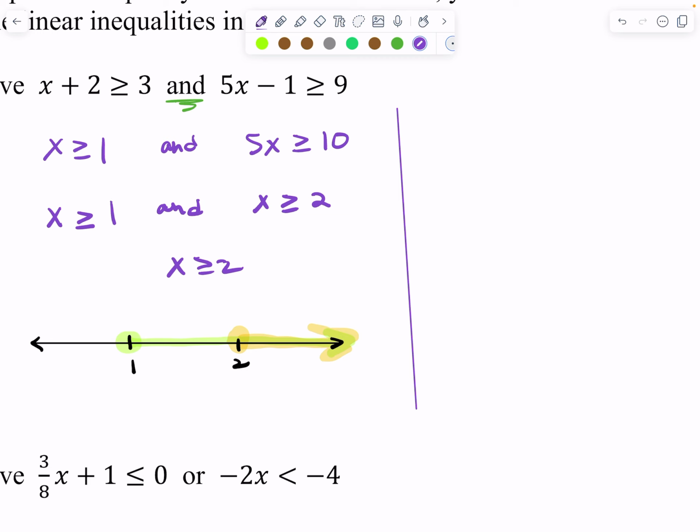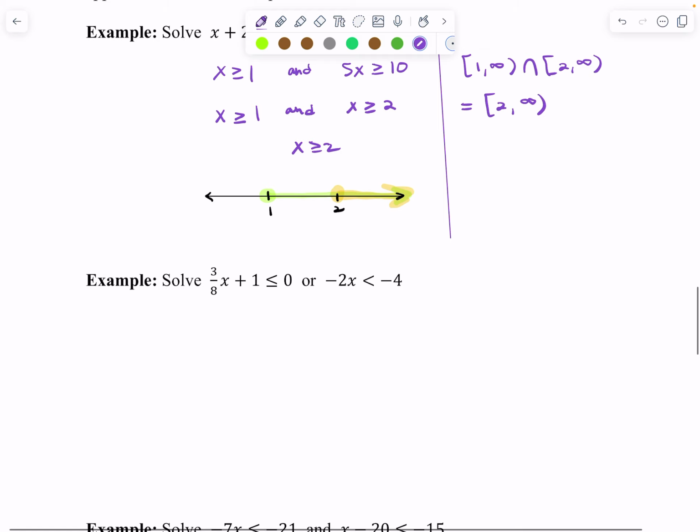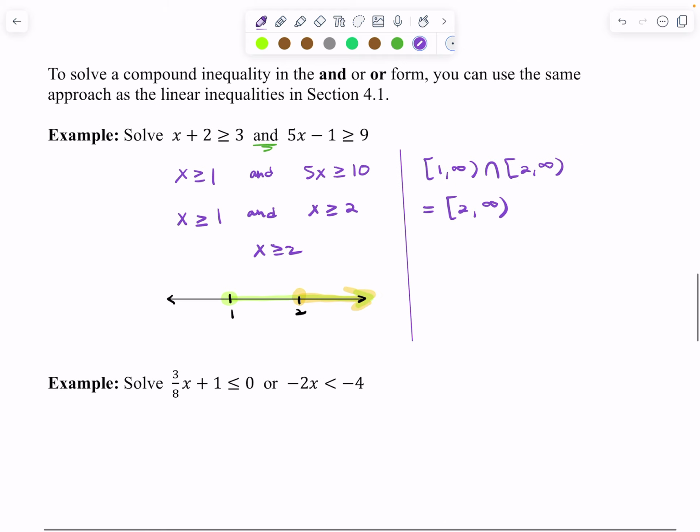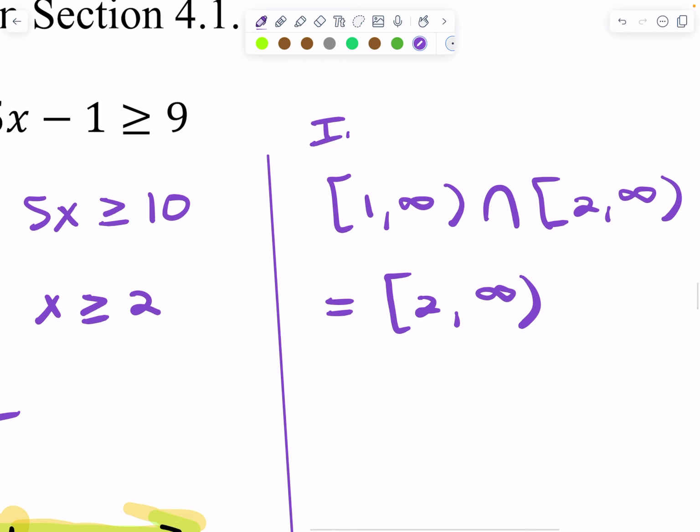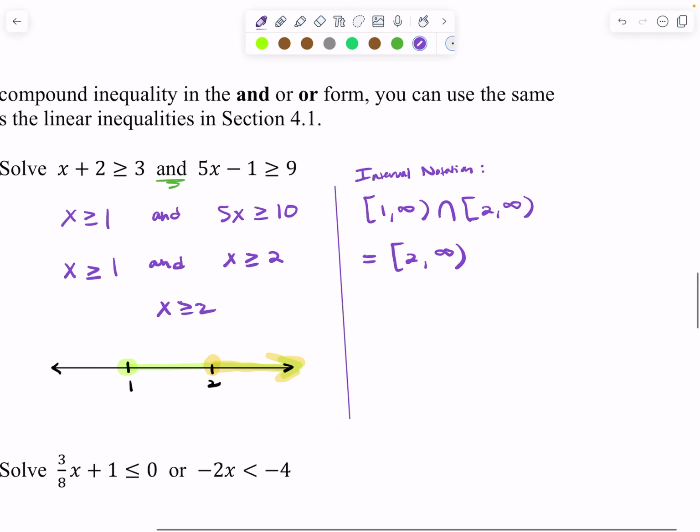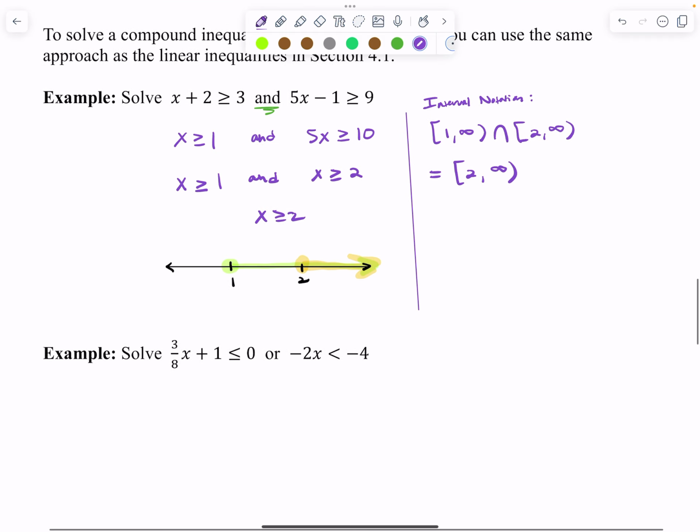So if we're talking about the intersection of the interval from 1 to infinity, and then 2 to infinity, that can simplify down to just be from 2 to infinity. Okay, so that's our interval notation for representing the solution set to this compound inequality.